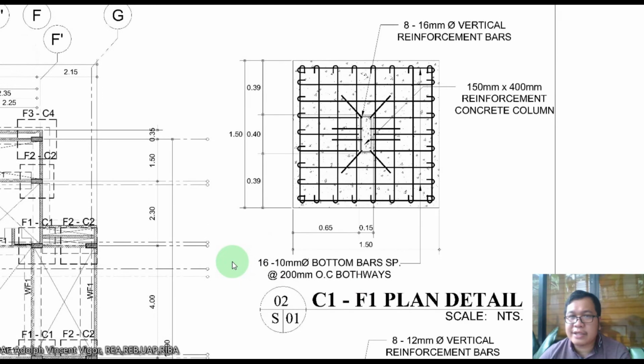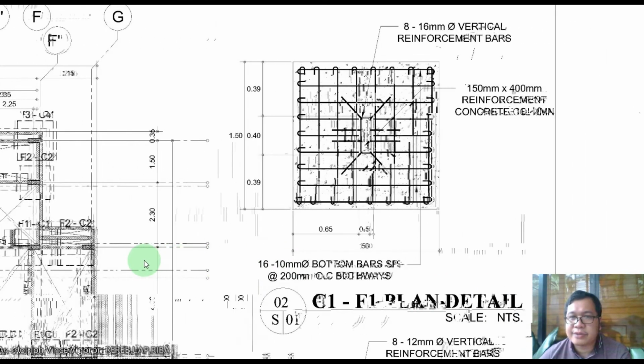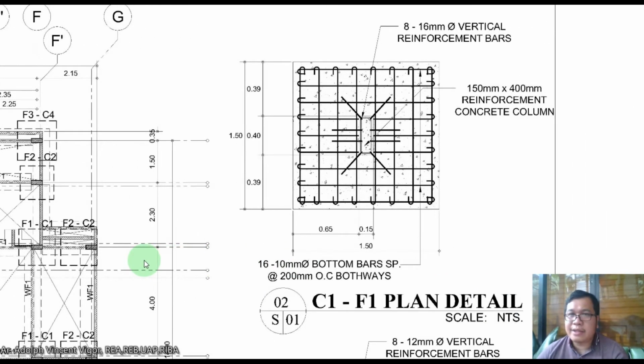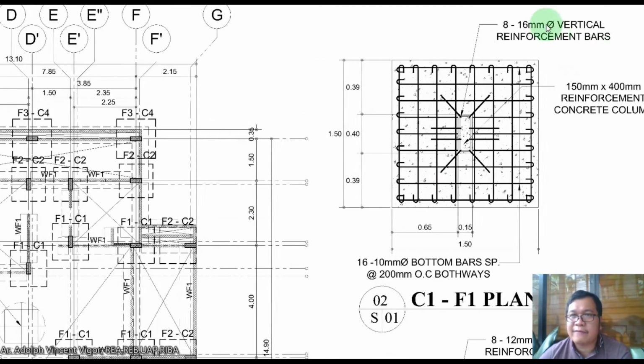Here, this is the C1F1. There are 8 16 millimeter vertical bars going up, and the size of the column is 0.15 by 0.4, and the size of the foundation is 1.5 by 1.5.